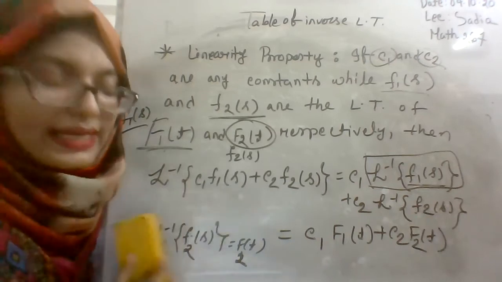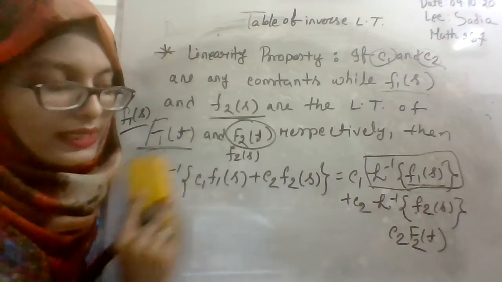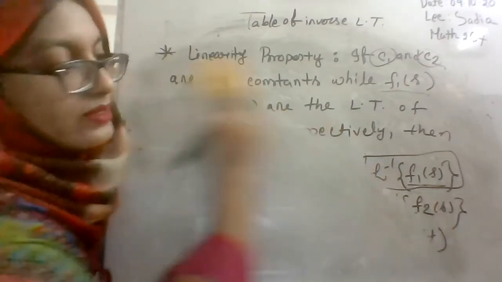And the main thing is that you have to find the inverse Laplace transformation of each function in particular, in a similar way to Laplace transformation. Now we'll see one example.